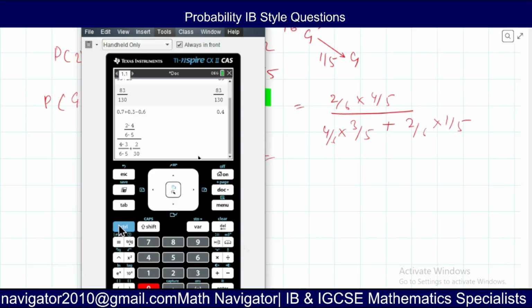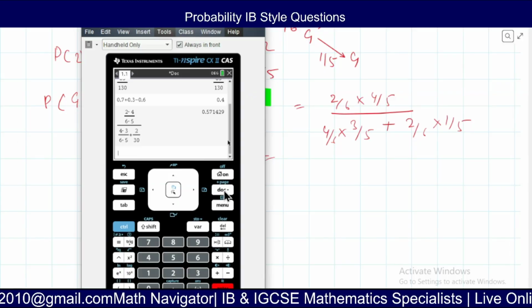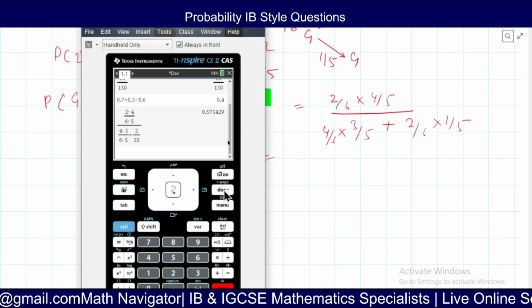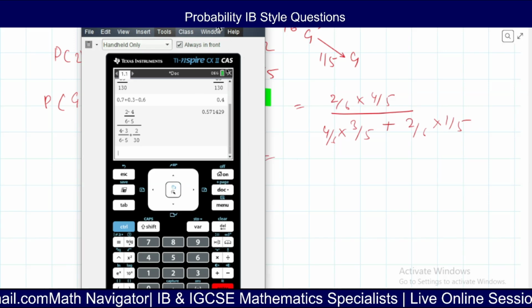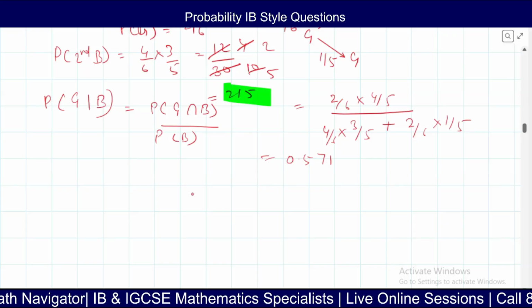Control, enter. So 0.571 is the answer. Got it? I hope this is clear to you, right?